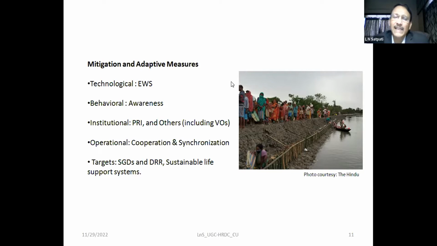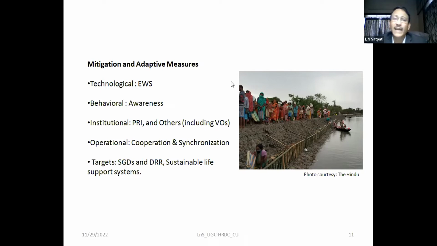Secondly, awareness has been generated, yes, with the 2.0 technology, the communication systems, because almost every household and everyone has the mobile, and we have these WhatsApp groups, the Facebooks, and through that dissemination of the knowledge about the cyclonic events is possible.